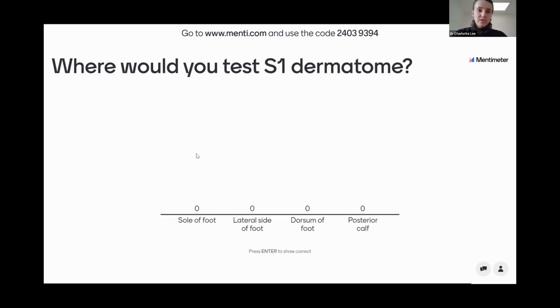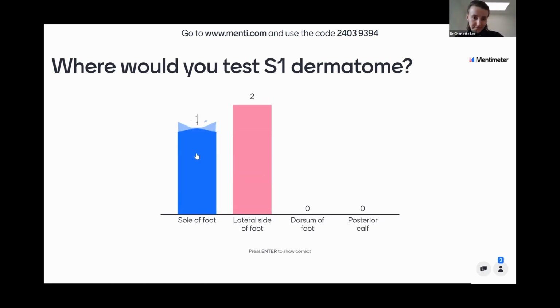And then last question, where would you test the S1 dermatome? This is specifically where would you test it, not necessarily where the S1 dermatome extends.